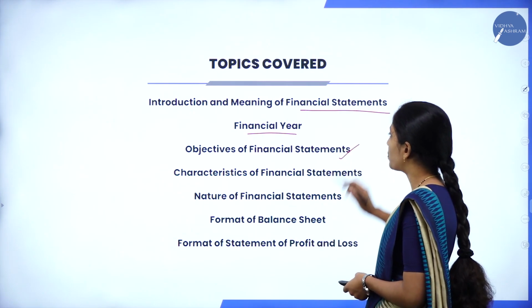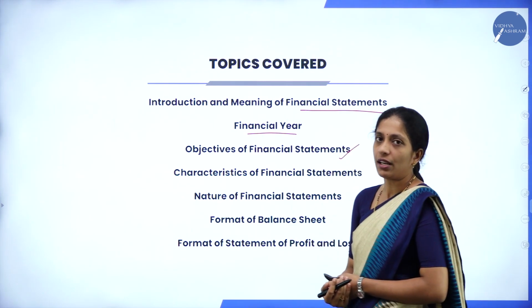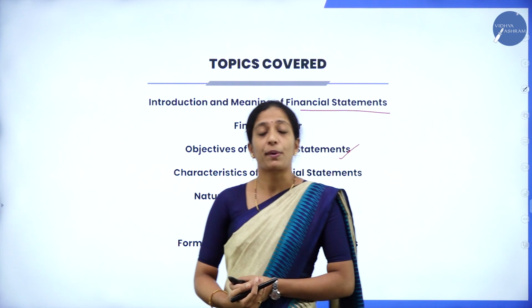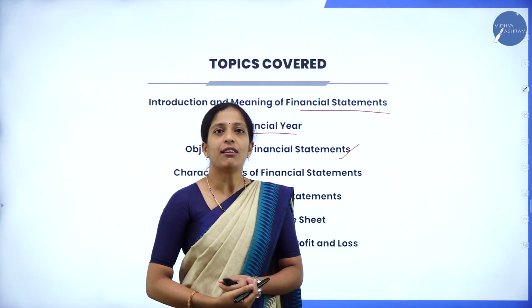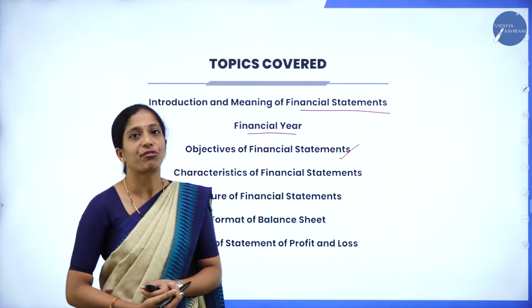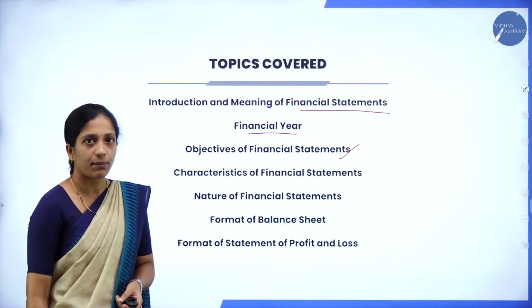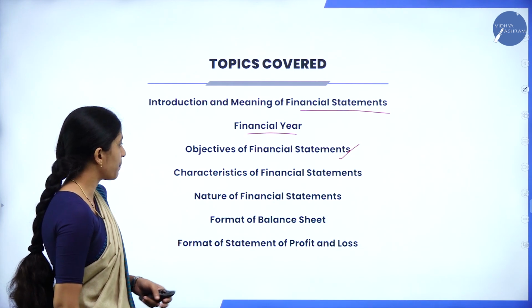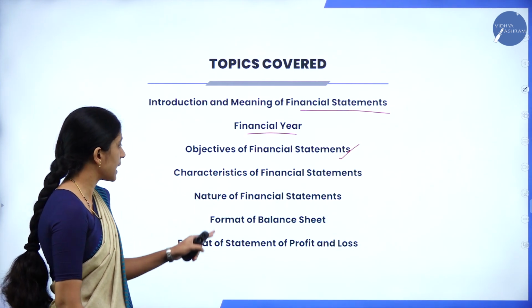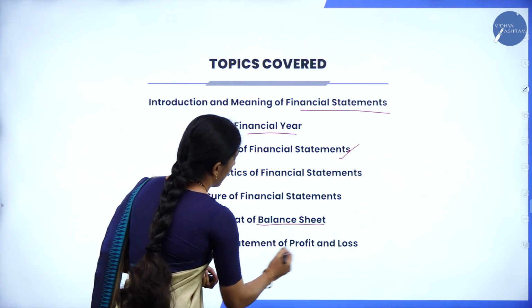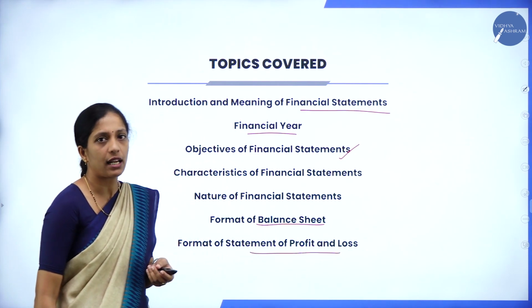Next, we have learned about objectives of preparing financial statement. What would be the main objectives? To know the financial position as well as profit or loss of the business. Next is characteristics of financial statement, which we also discussed in the previous session, along with nature of financial statement, format of balance sheet and format of statement of profit and loss.